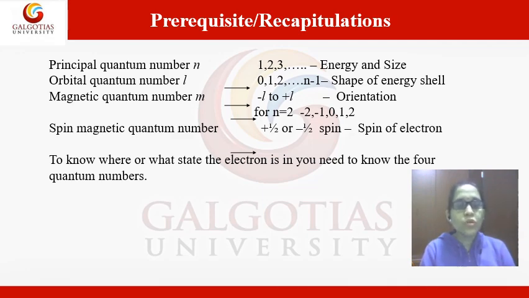So to know where and in what state an electron is present, we require four quantum numbers to represent the state of the electron. That means to represent the address of the electron, we require all these four quantum numbers.